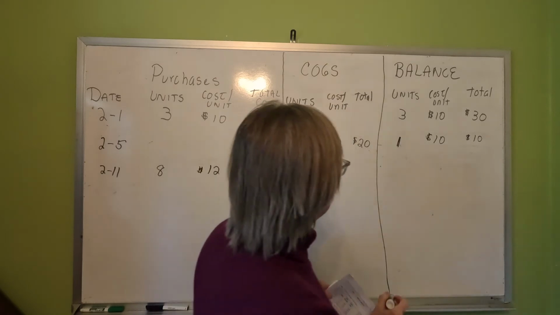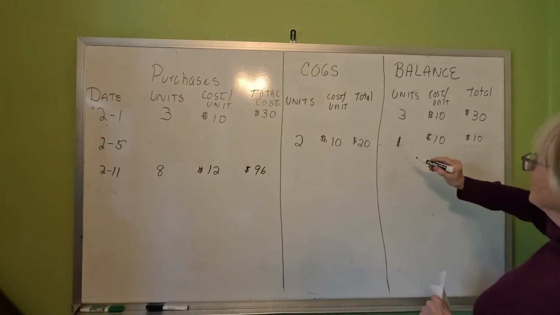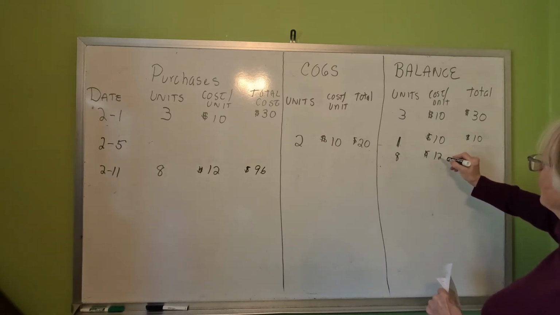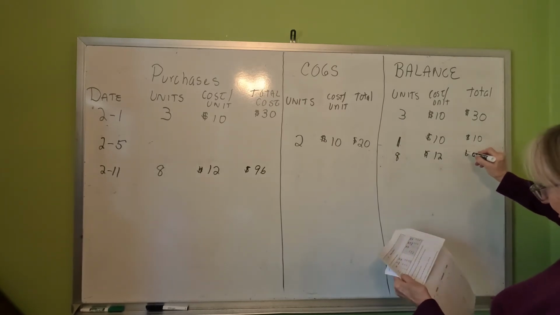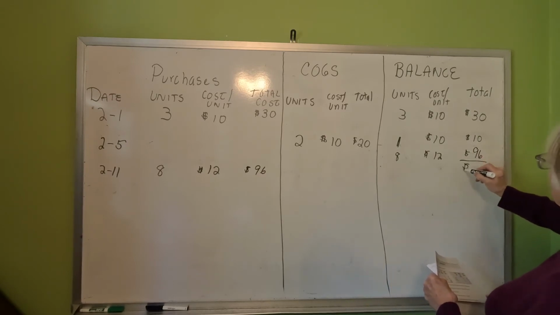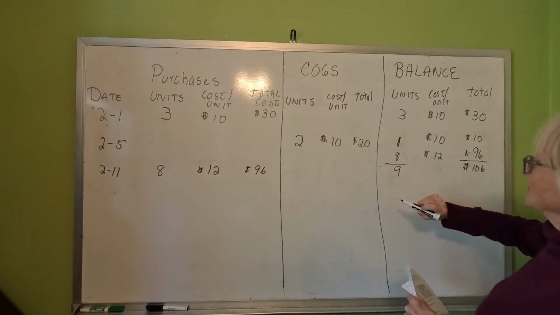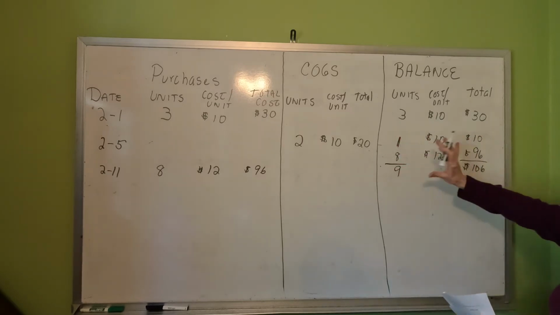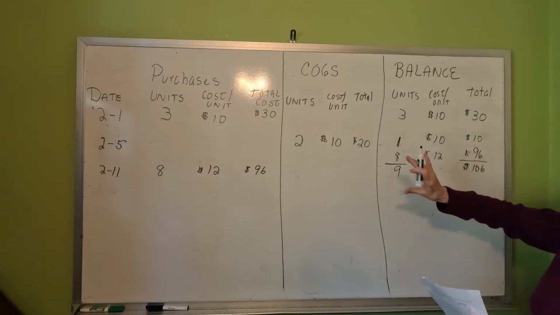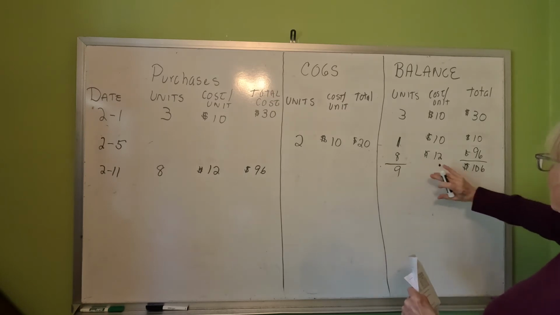So our new balance: we had this layer, we just added 8 at 12 for 96. So we have total inventory now of 106, and we've got 9 units. You can add it like this, or you can set up a whole different little section for it if you want. But basically, this is our current balance now.